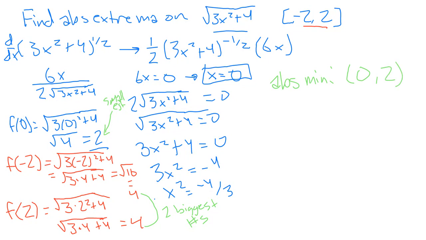And since we have two values that give us 4, and those are going to be our biggest values within the set, we can also say that we have an absolute max at (-2, 4) and (2, 4). And that is going to give us the rest of our values.